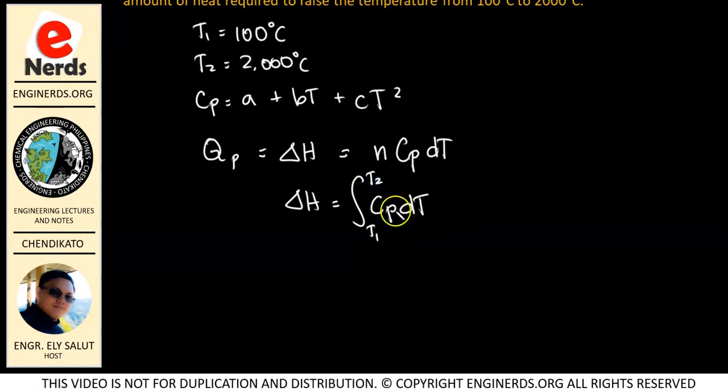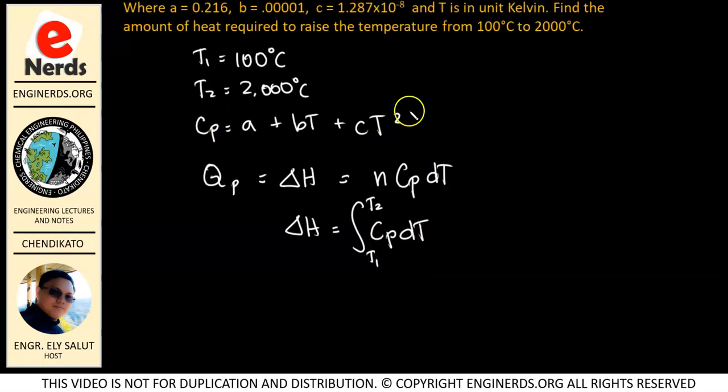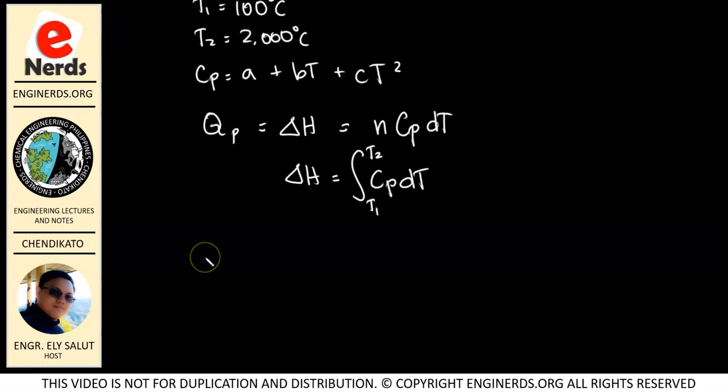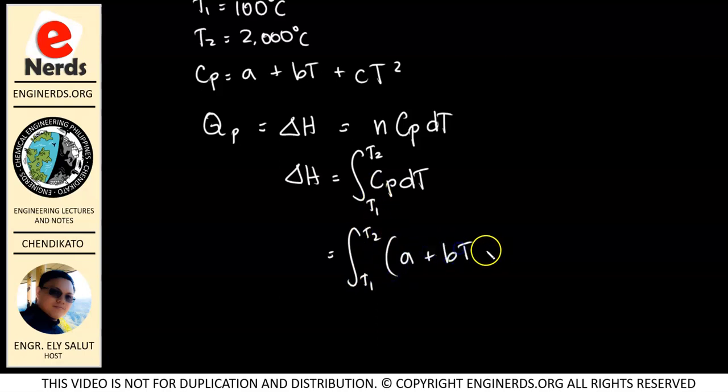Okay, but to do that, we need to express our Cp as a function of temperature, in which we already have here. Okay, so let us substitute that here. So we have our delta H, which is equal to, from T1 to T2, then our Cp is A plus BT plus CT squared dT.